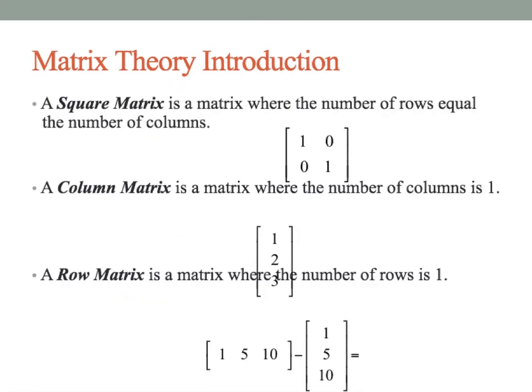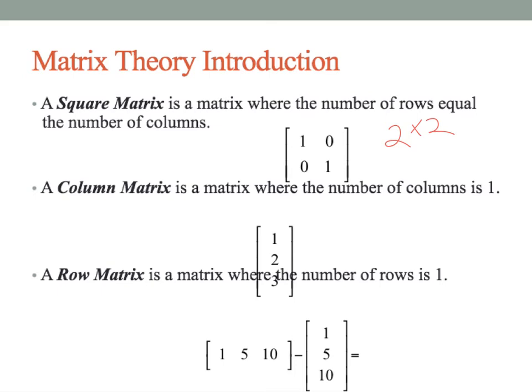A couple of special matrices. First we have a square matrix, and that's where the number of rows equals the number of columns. Notice that this one is 2 by 2. A column matrix is a matrix where the number of columns is 1. Notice the components within these matrices don't have to be these particular numbers like 1, 0, or 1, 2, 3.